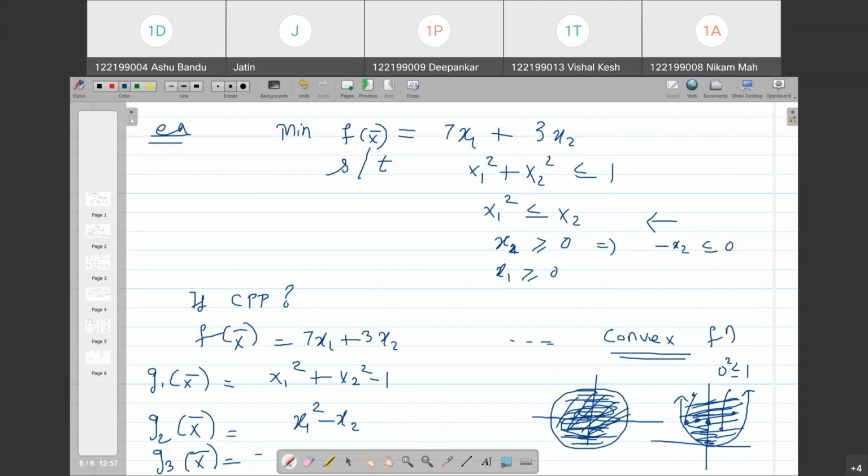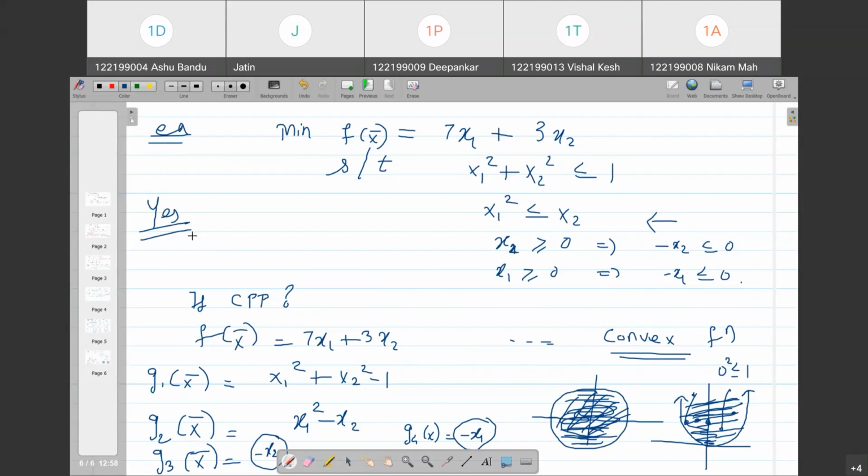So my g3 of x is minus x2 and my g4 of x is minus x1, because x1 is greater or equal 0 implies minus x1 is less equal 0. We always keep our constraints less equal 0. These are again convex. So all gi's are convex, so f is convex, so therefore yes, this is a convex programming problem.